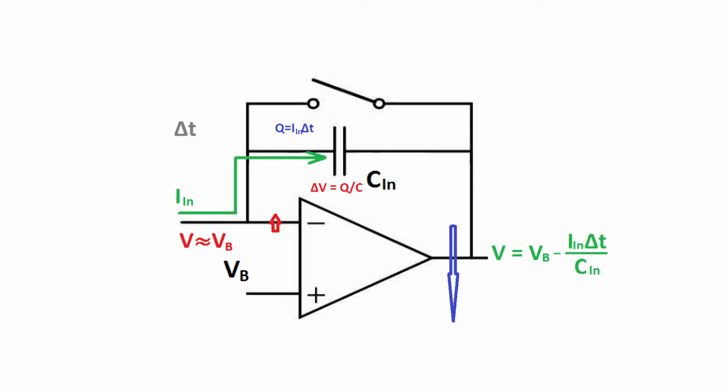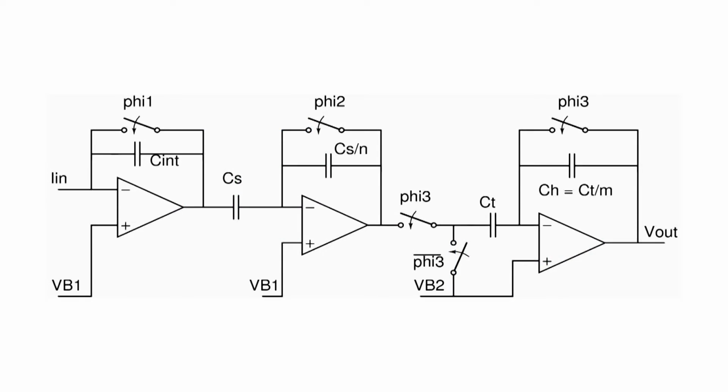And the output voltage now is VB minus In times delta t over Cin. Two more stages are used to help amplify and sample the signal, which I will not talk about in detail here. If you are interested, please take a look at the web pages where more information is available.